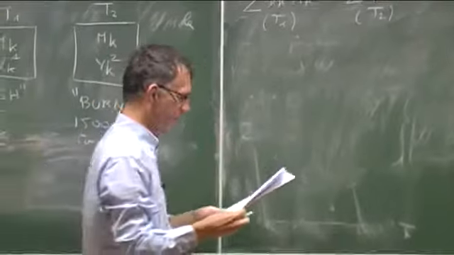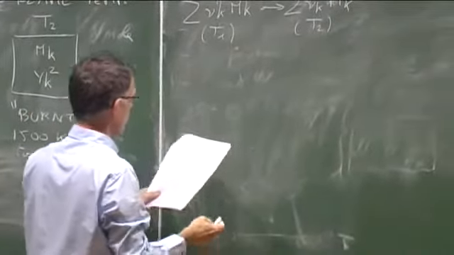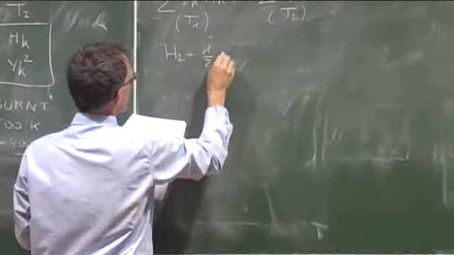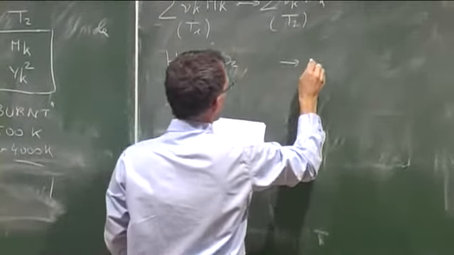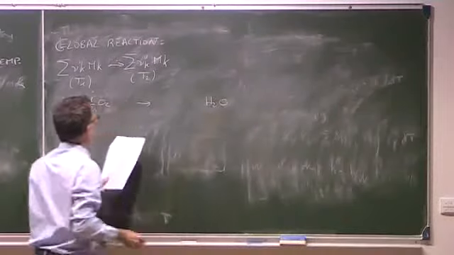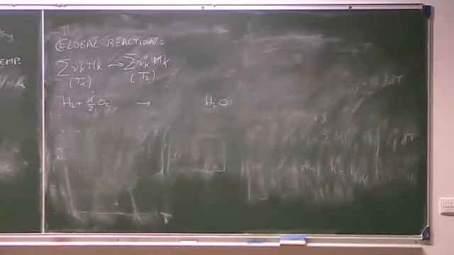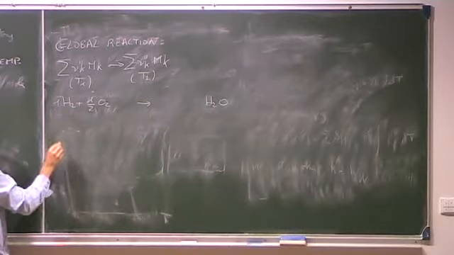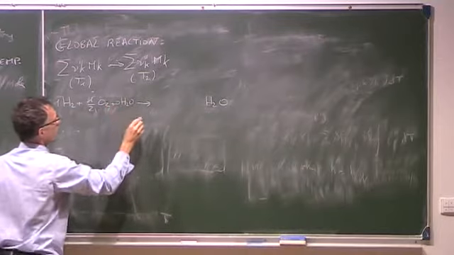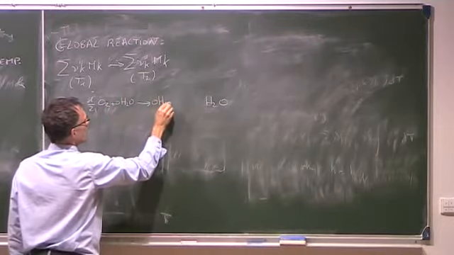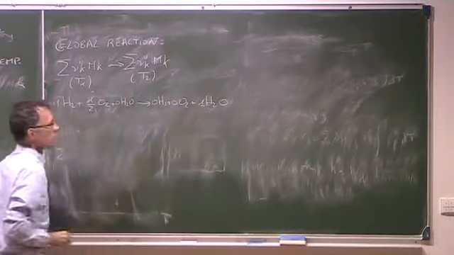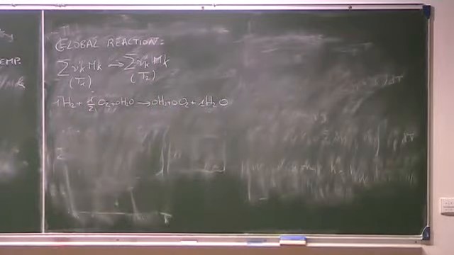So let me give you an example of what we call nu prime and nu second. If you look at this reaction, H2 plus 1/2 O2 gives H2O. The way we're going to write it in this formula is to say 1 H2 plus 1 half O2 plus 0 times H2O gives 0 times H2 plus 0 times O2 plus 1 H2O.